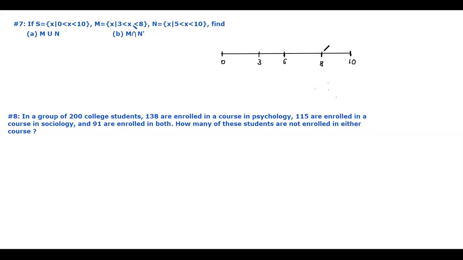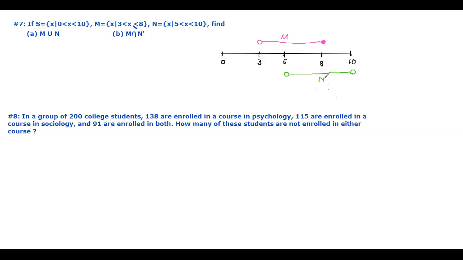M, in purple, is from 3 to 8. 3 doesn't have an equal sign, so this is my event M from 3 to 8. Now my event N is from 5 to 10. 5 is here, with a circle, to 10. So this is my event N.